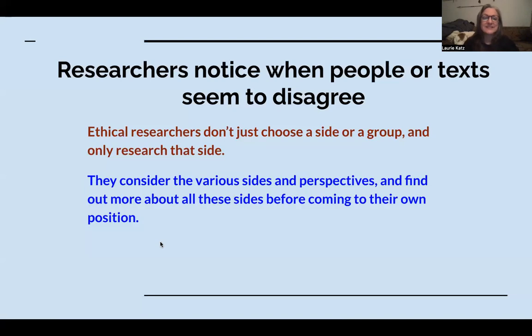So if you're being ethical, you're not just going to notice your side. You're going to want to consider the other side, and find out more. And you may come to the same conclusion at the end anyway, or you might not. And you don't want to be too easy on yourself.